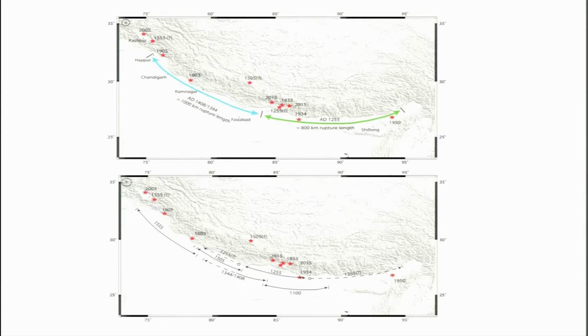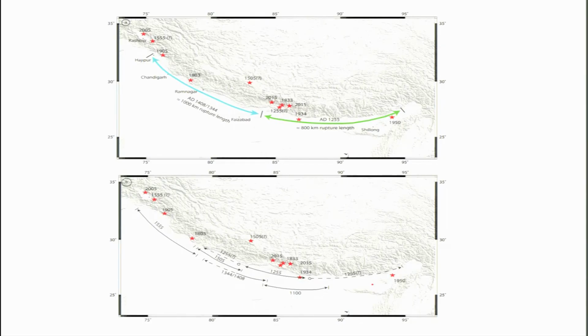The other scenario is that even with the overlapping ages, we can have multiple earthquakes that could have marginally ruptured the different segments. In that case, you will have multiple earthquakes, for example in 1555, then 1505, 1255, 1344, or 1400, 1100, and so on.